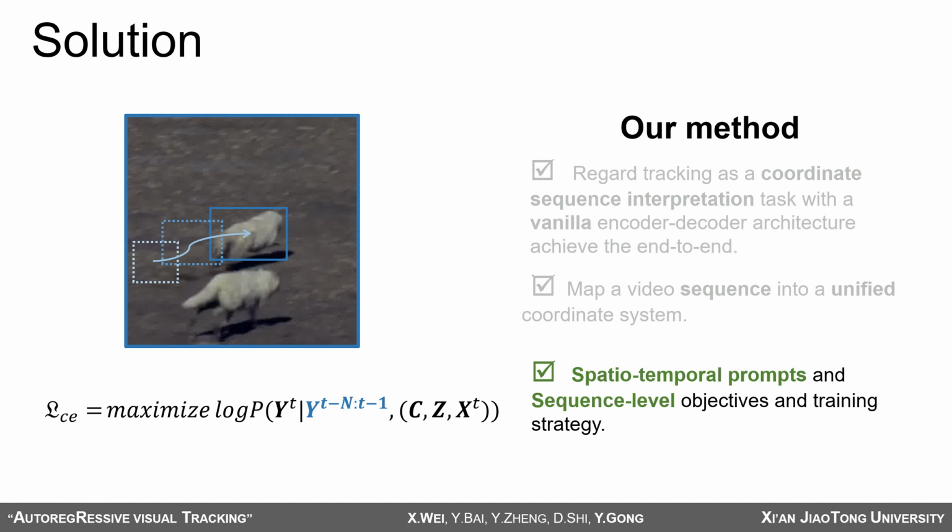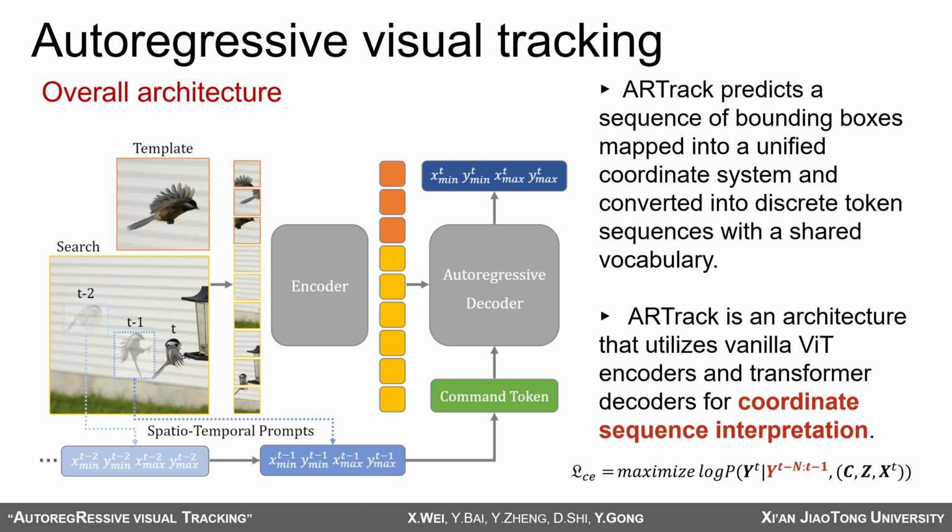To harness the potential temporal dependencies among video frames, we introduce a novel method that models the sequential evolution of object trajectories across frames. This is accomplished by iteratively decoding the entire trajectory sequence, utilizing the previous outcomes as spatiotemporal cues. Notably, AR-Track is trained using a structured loss function that unifies the task objectives for both training and inference. As evident from our approach, we formulate tracking as a time autoregressive process.